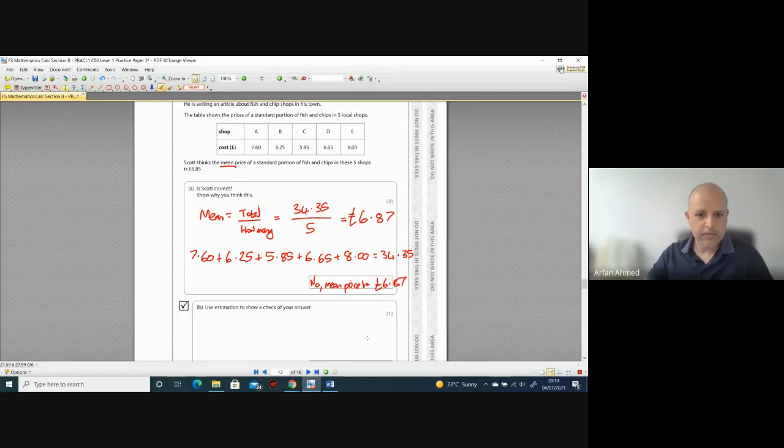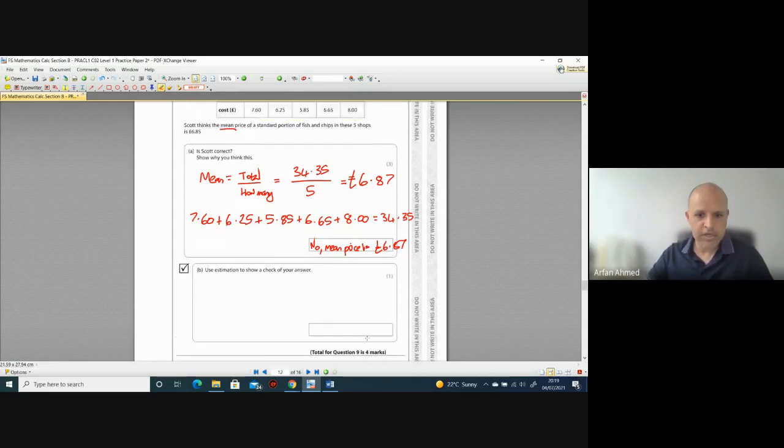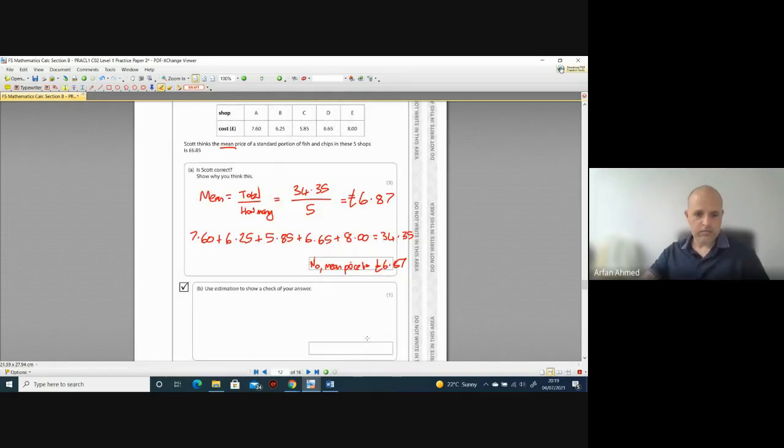For part B, use estimation to show a check of your answer. Right, so this is, again, show a check. We have to go backwards, but we have to use estimation. That's another key word. So we're not using the exact same numbers as we've used already. We have to round these. So let's call this £6.87. Let's call it £7. And instead of dividing by 5, you're going to multiply by 5.